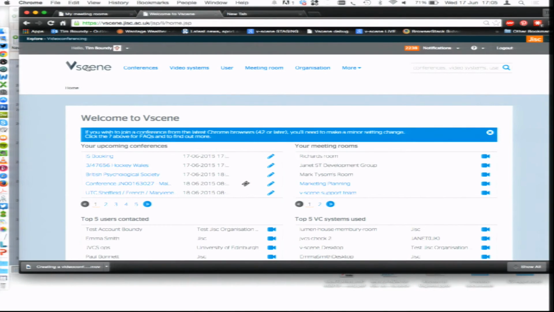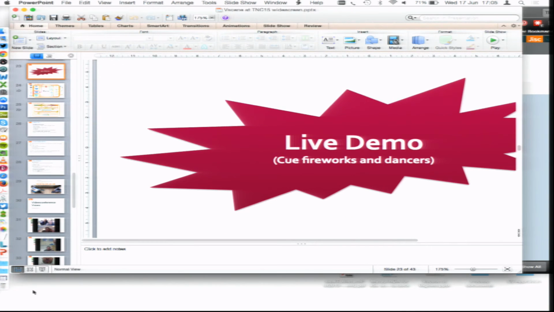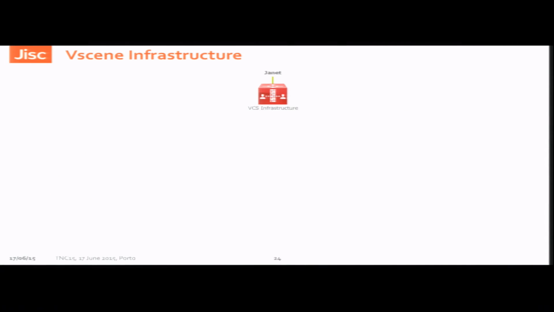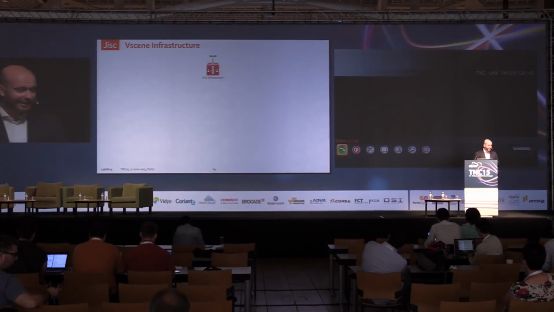So I'll describe to you now how vScene is actually structured. So I'm going to go back to the PowerPoint. Okay. So looking from the perspective of coming in over Janet, we have a VCS infrastructure dealing with our addressing and routing.